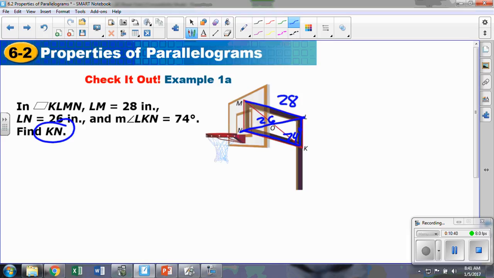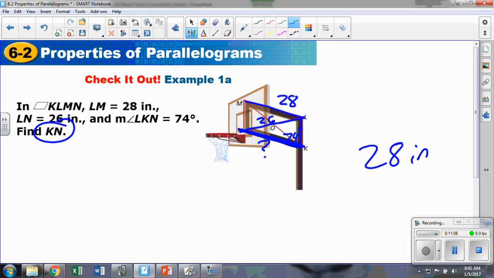How big is KN? This is the exact same problem. Serious. Exact same problem. It's once again asking us for an opposite side. It's just being applied in the context of, hey, look, it's a basketball hoop. But it's still the same thing, 28 inches. Done.